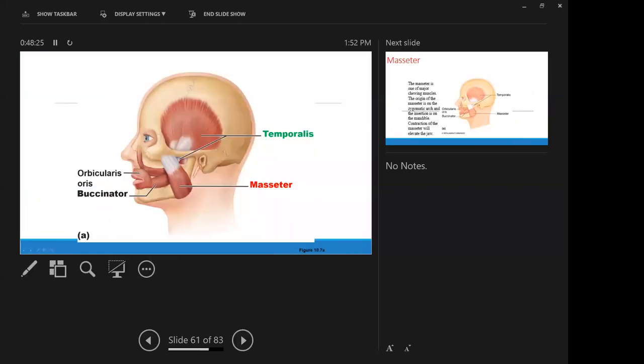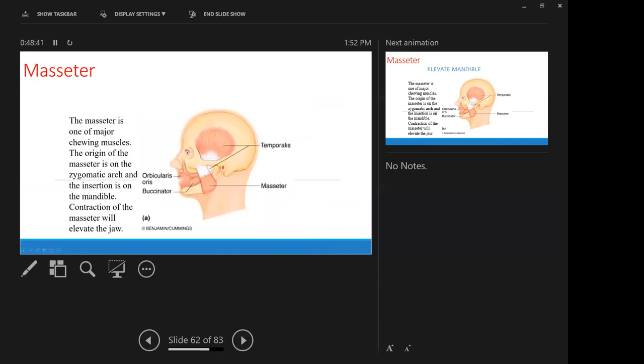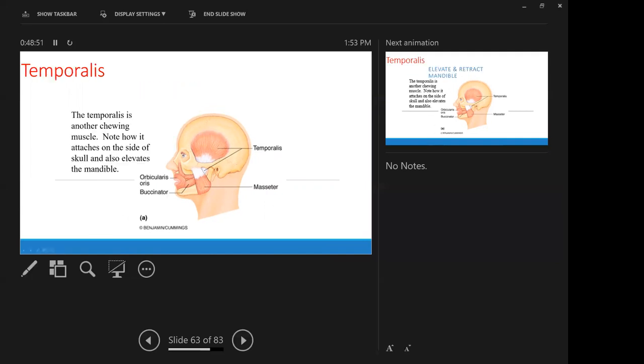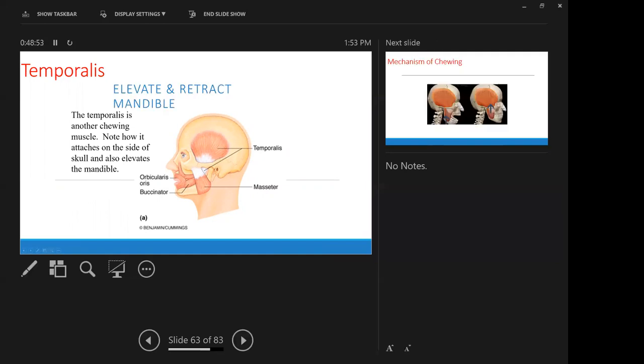Here we see the temporalis and the masseter. The masseter's origin is on the zygomatic bone. Its insertion is on the mandible. The temporalis's origin is on the temporal bone, and it inserts on the mandible too. Now what it does, the masseter elevates the jaw, the mandible, to bring it up against the maxilla to chew, and the temporalis does essentially the same thing.